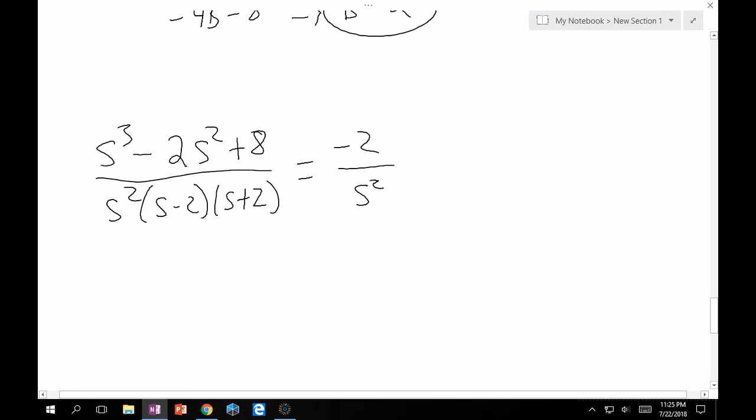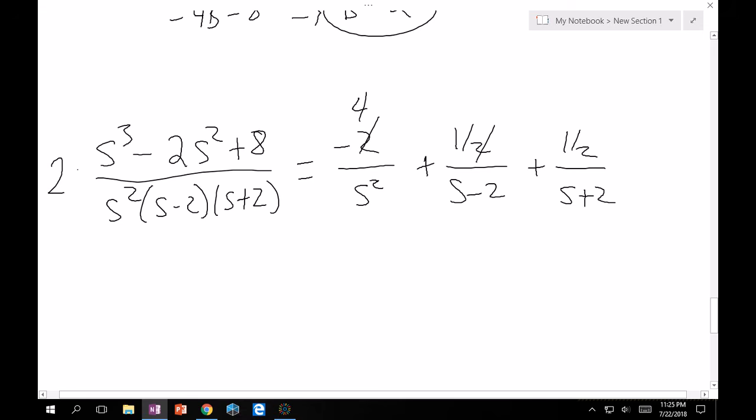C and D were both 1/2 apiece, so it's plus 1/2 over s minus 2 plus 1/2 over s plus 2. Now, remember the times 2. Told you I wouldn't forget. So this means change all of these, just multiply them by 2. So this is 4, that's a 1, and that's a 1. So I'll write a little bit clearer for you. -4 over s squared plus 1 over s minus 2 plus 1 over s plus 2.